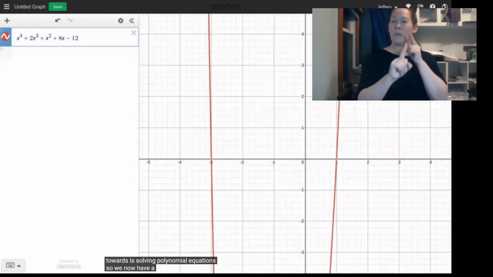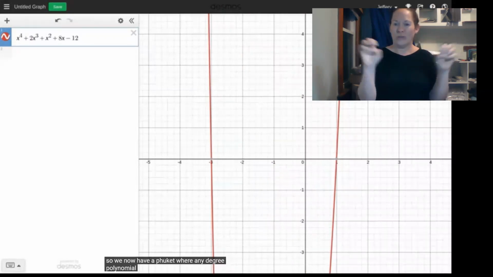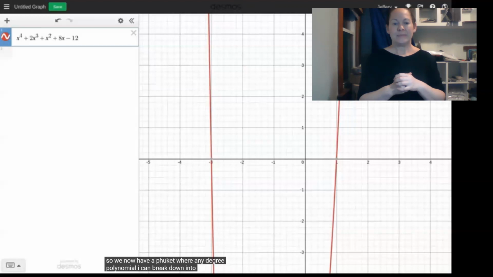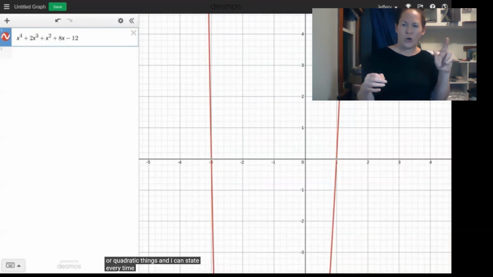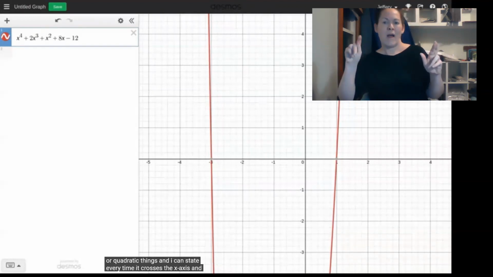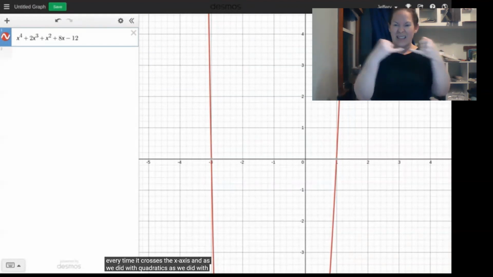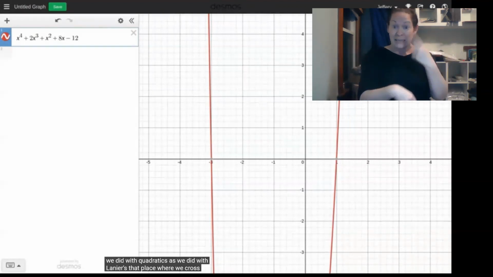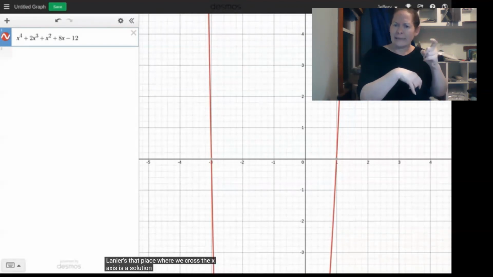So we now have a toolkit where any degree polynomial I can break down into linear or quadratic things. And I can state every time it crosses the x-axis. And as we did with quadratics, as we did with linears, that place where we cross the x-axis is a solution.